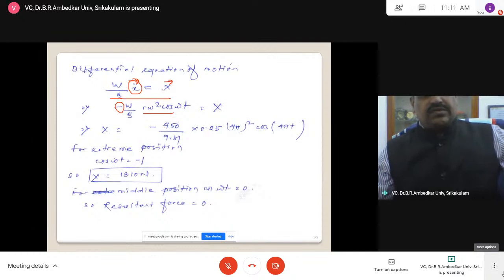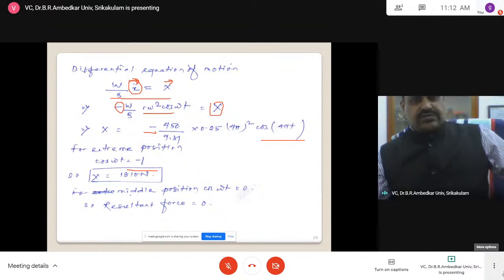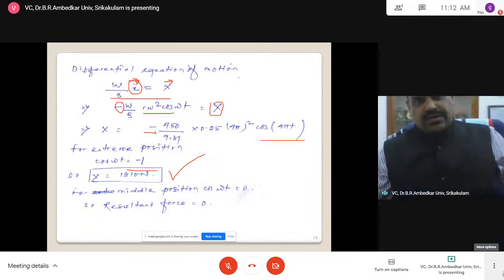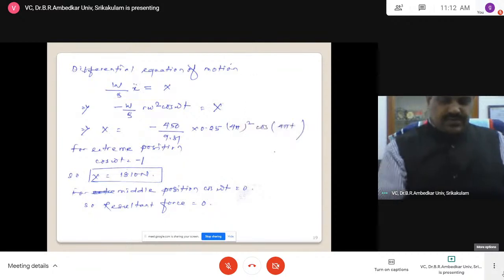Why? Because these two are in the same direction, but it is acting in the opposite direction. That's why we got a negative value. From this, x is an unknown. Find out cos omega t, the maximum value is minus 1, and this is the reactive force acting, 180 newtons. Okay, so this is what generally we will consider.